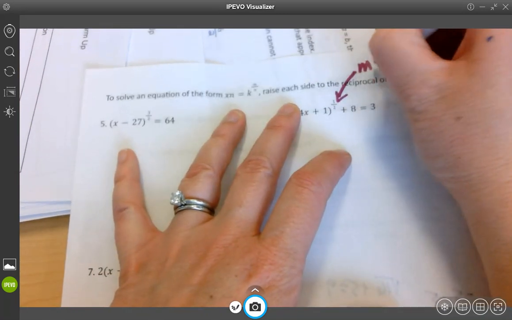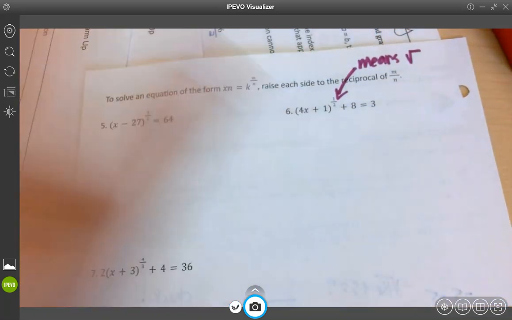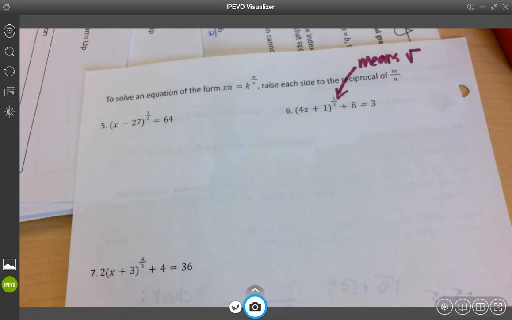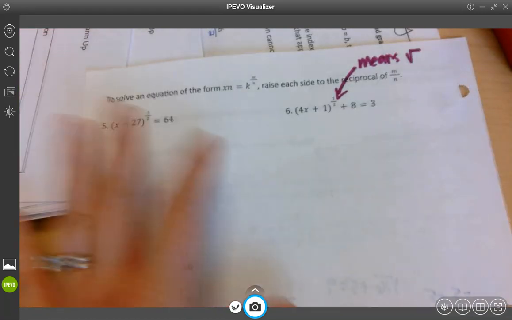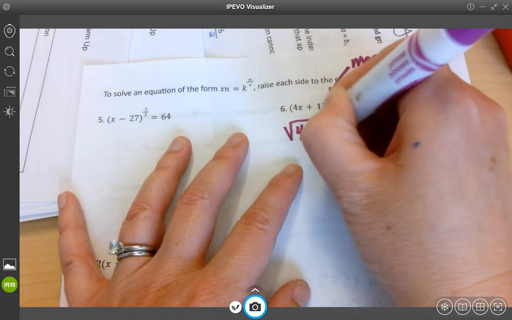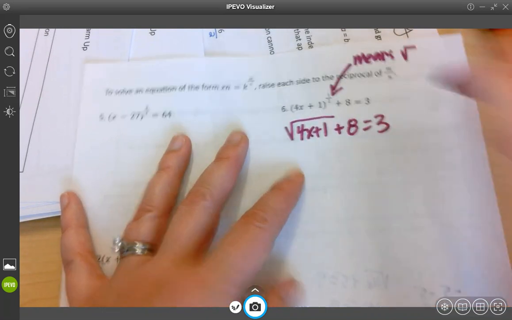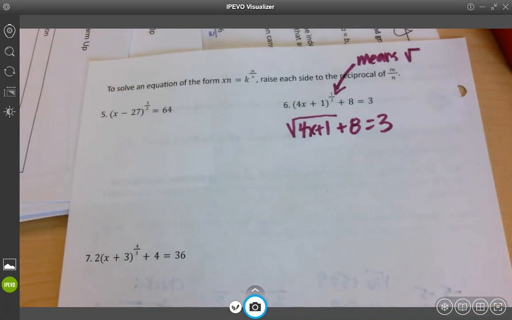This means square root. Okay, if you want to, you can actually just change it to a square root to solve the problem. So something like that, you could just change it to a square root. And then solve the problem just like we did before.